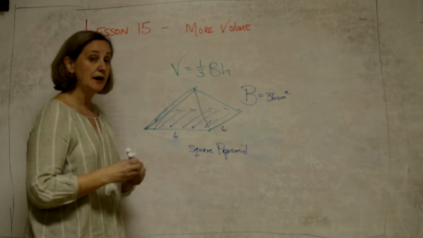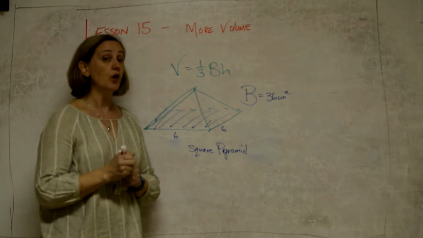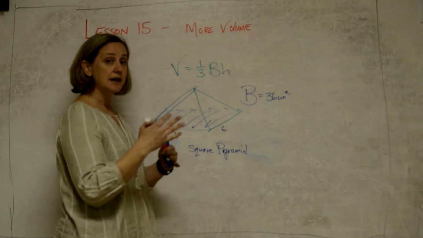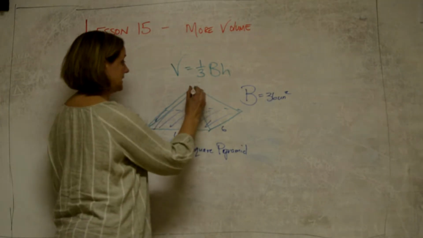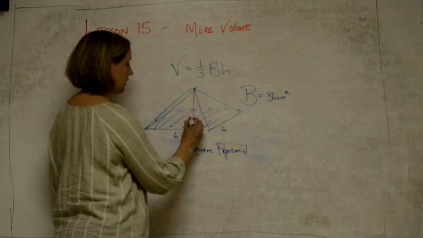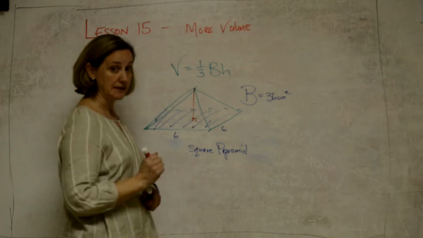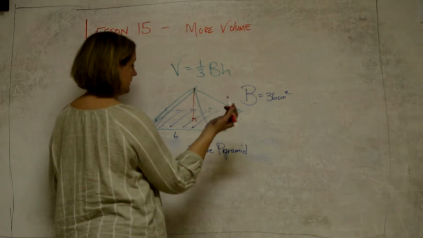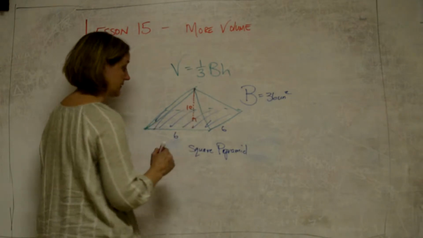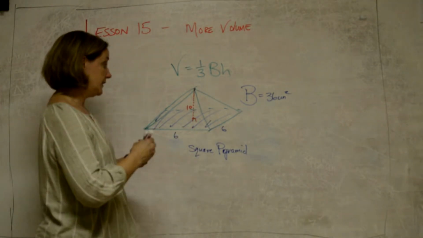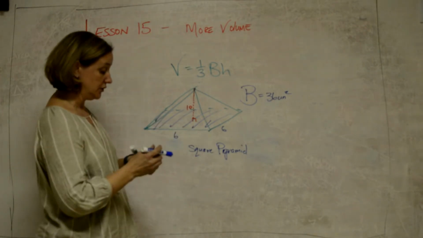Now, when I talk about height of pyramids or cones, what you have to remember is I'm talking about an altitude, because I take that point and I drop straight down to the floor, and I want something that's perpendicular to the floor. So let's say that this is, whatever, we'll make it 10 because it makes it easy. This is called the altitude.